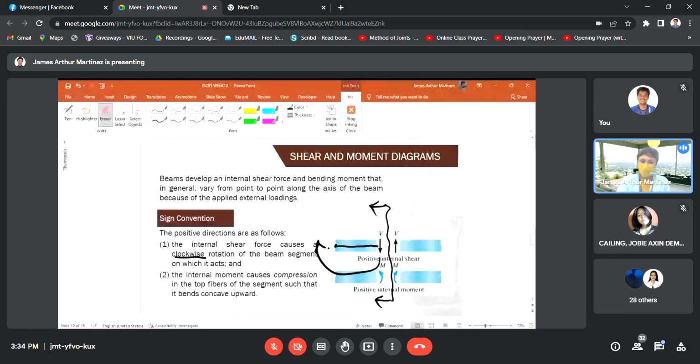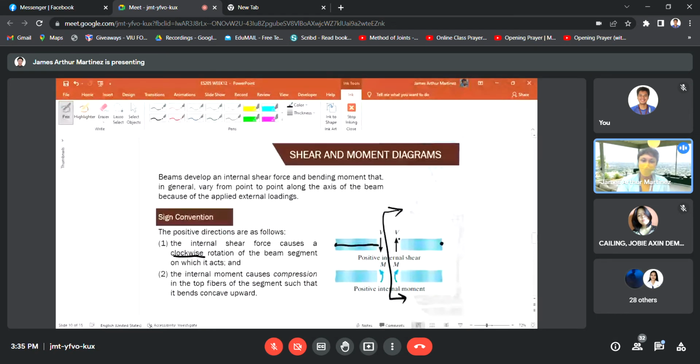Okay? Then, similarly, if we are to consider the right side part of our beam, with respect to this support here, unsa man nga direction of shear mag-cause of clockwise rotation? Di ba upward direction of shear force, it will have a clockwise rotation with respect to the support here.